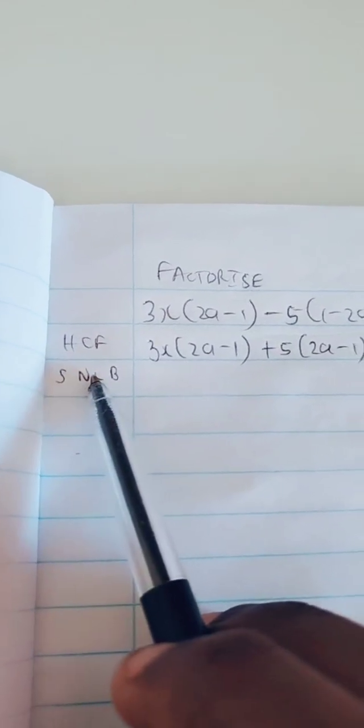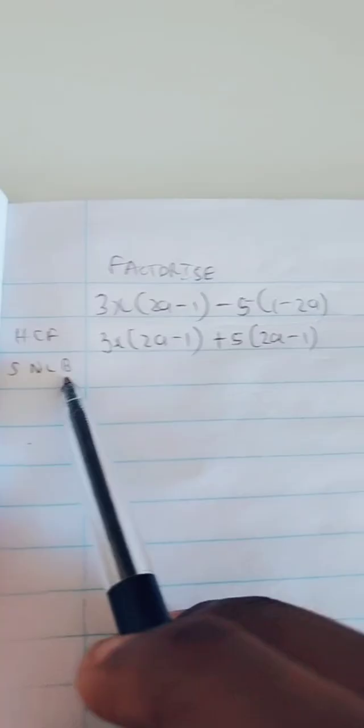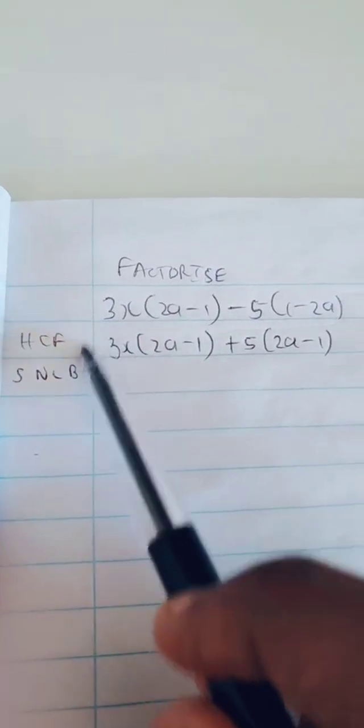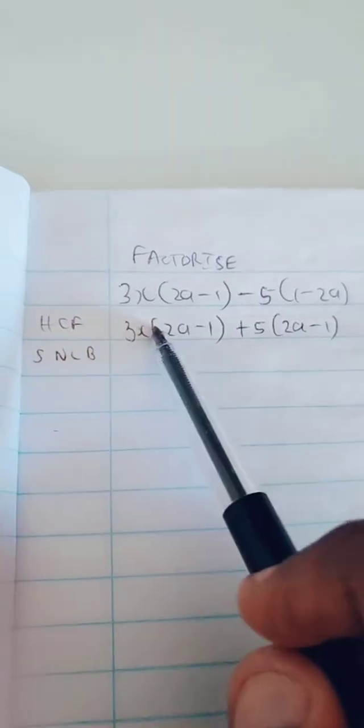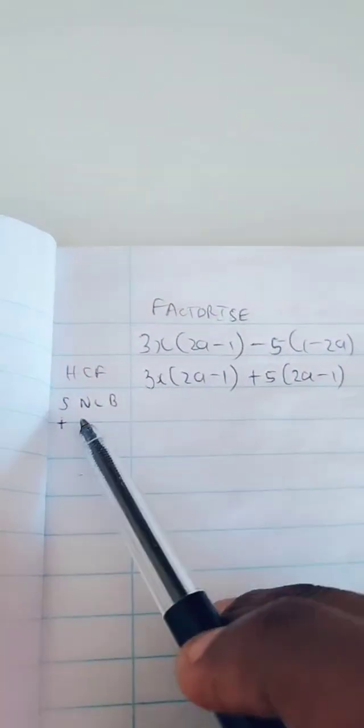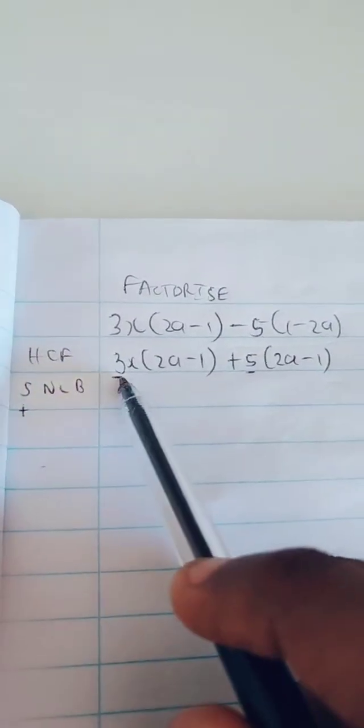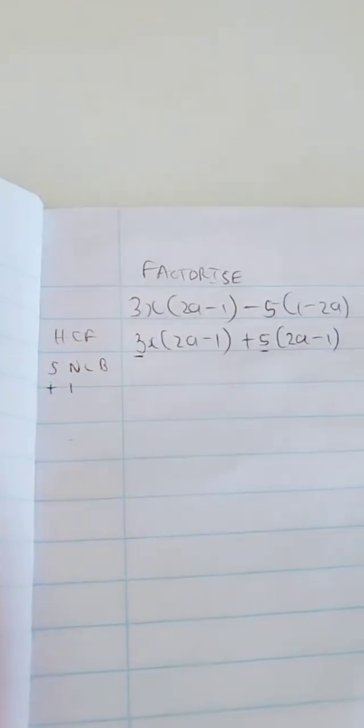When I think about sign, I'm thinking of the sign of the first term. It's positive, so my highest common factor sign is positive. When I think about number, I'm looking at the number coefficient before the bracket, the highest common factor between 3 and 5. Obviously, it is going to be 1.